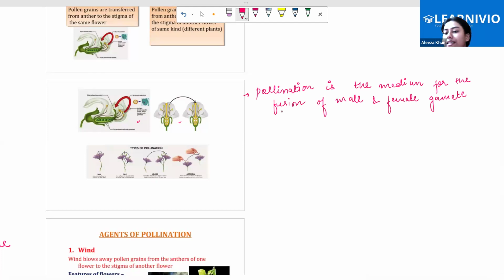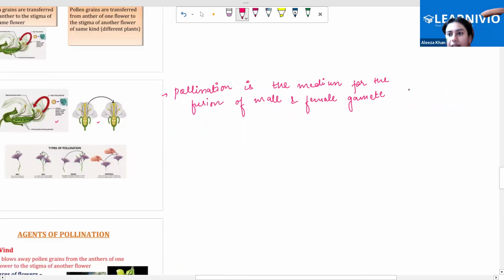When this process happens, then only fertilization takes place, so it is further leading to fertilization.